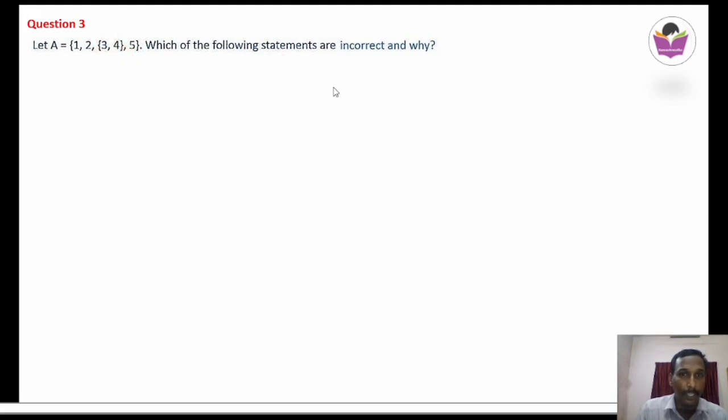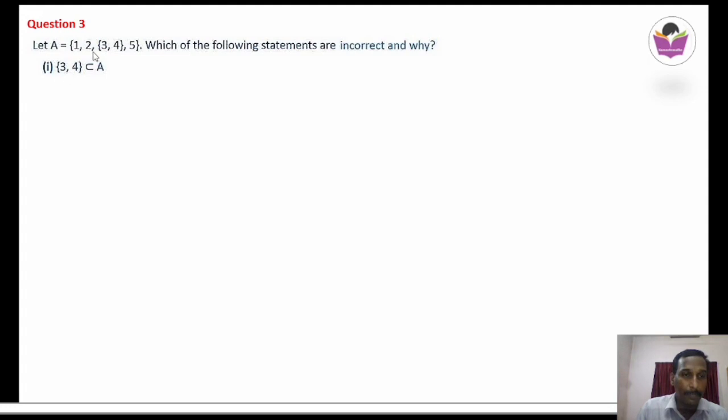So which of the following are correct and why? First statement: set 3, 4 is a subset of A. Here in set of 3, 4, 3 and 4 are the elements. So these elements must be a part of A. When you check A, set 3, 4 is there, but 3, 4 as individual elements are not there.